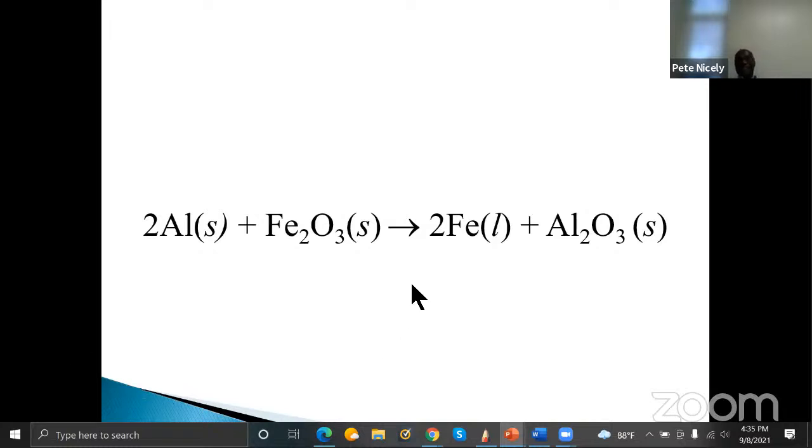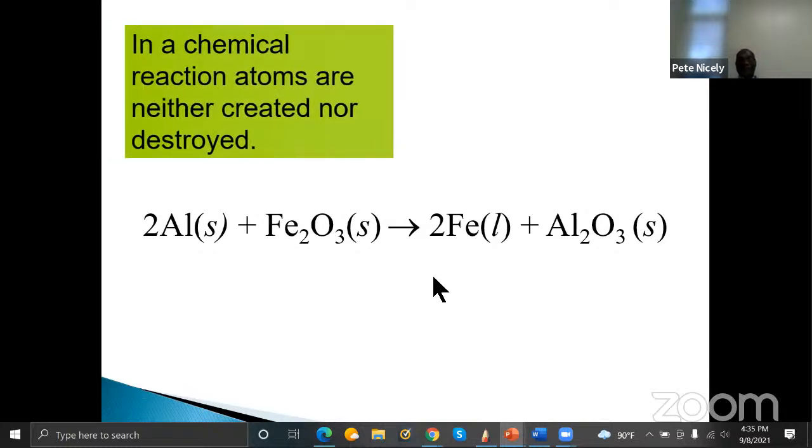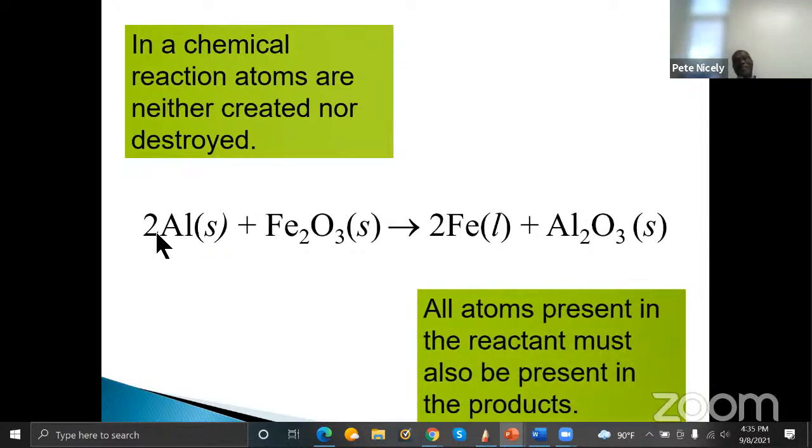Okay, so I want to emphasize here again that because the equation is balanced, it satisfies the first law, the law of conservation of mass. If you recall, and this was a couple of chapters ago, we said that according to the law of conservation of mass, matter cannot be created nor destroyed in a chemical reaction.